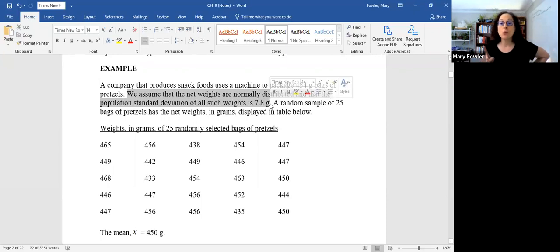So we are going to work with that information to help us make a decision to determine, when X bar comes in at 450, is the machine broken or is it not? Okay. So I'm going to move over to the whiteboard and pick it up over there.